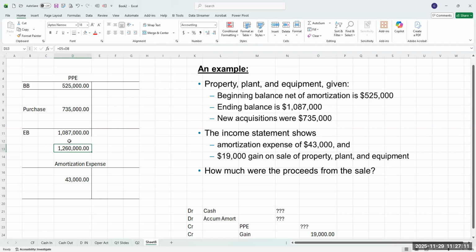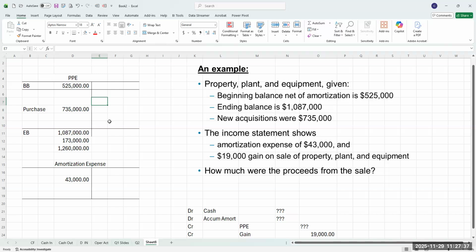In fact, I'm out of balance with this one minus this one. I'm out of balance at $173,000. Okay, what do I know? If I'm working with the net amount, that means accumulated amortization directly affects my property, plant, and equipment.